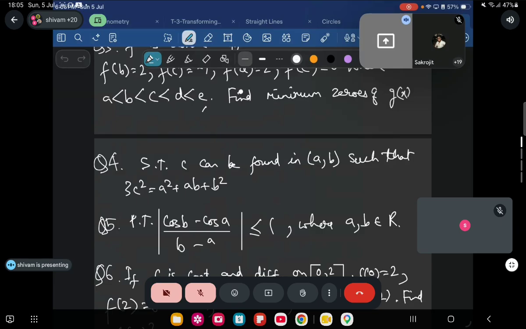Where g of x is equal to... So while giving the question, it might have been cropped. Where g of x is equal to f dash x whole square. Sorry, f dash x whole square.